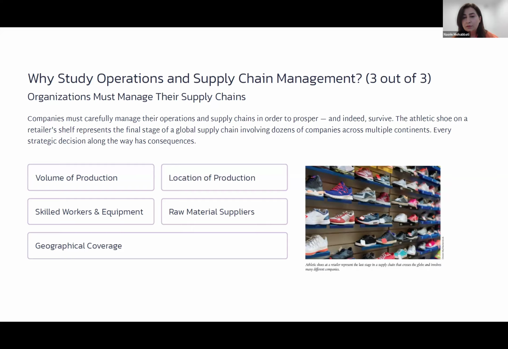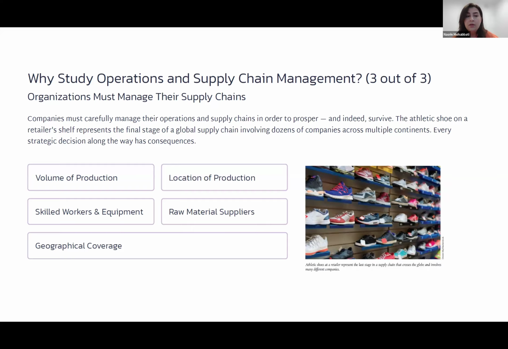How many units? Depending on the number of stores you have and the locations of stores, you might decide about this volume. The location of production: do you want to do it in-house in the United States? Do you want to outsource to maybe Asian countries? What would you do? That's a very huge decision to make because that's going to affect the entire distribution cost as well.